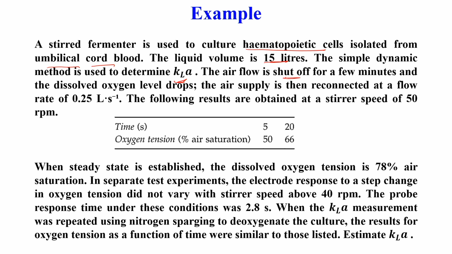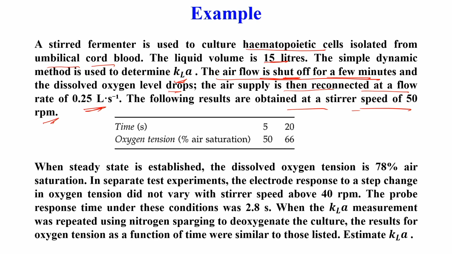The air flow rate is shut off for a few minutes, which means we are deoxygenating here, and the dissolved oxygen concentration drops. The air supply is then reconnected at a constant flow rate of 0.25 liter per second. The following results were obtained at a stirrer speed of 50 rpm.